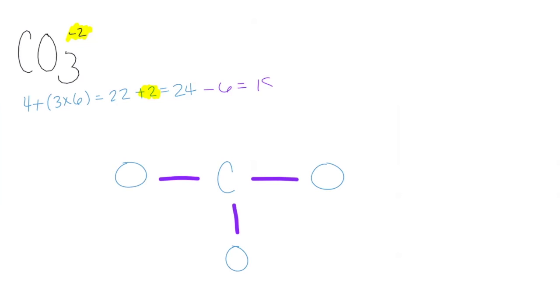Yes, and I have 18 left to draw. Where do those go on our oxygens? 2, 4, 6, 8, 10, 12, 14, 16, 18. My oxygens are satisfied. Is carbon satisfied? No.